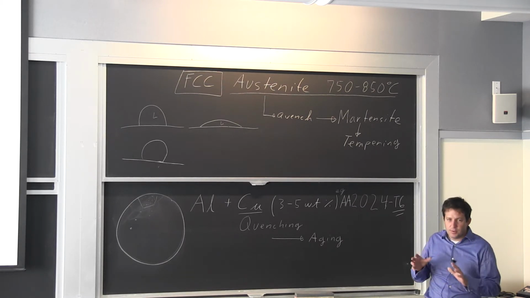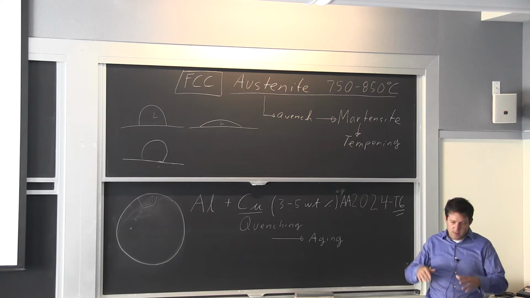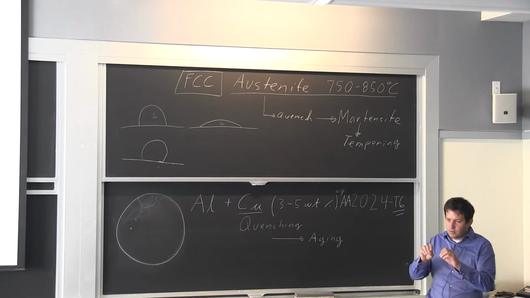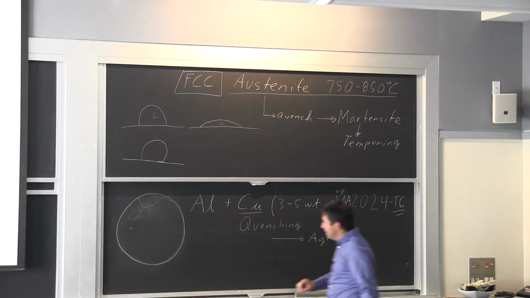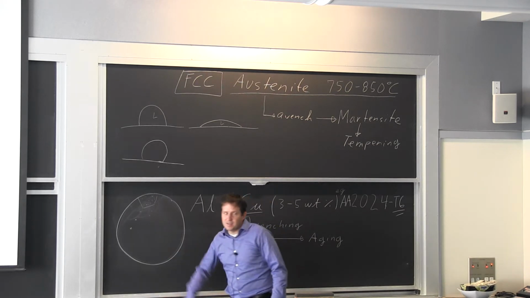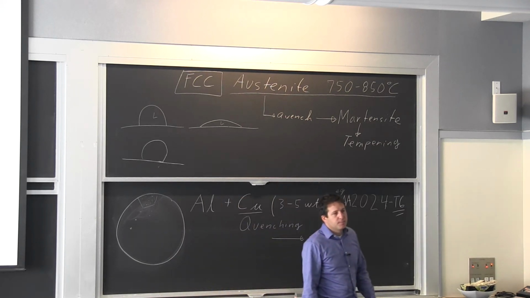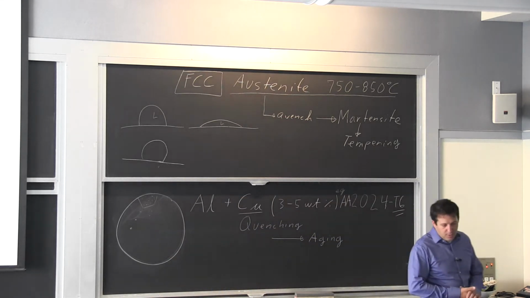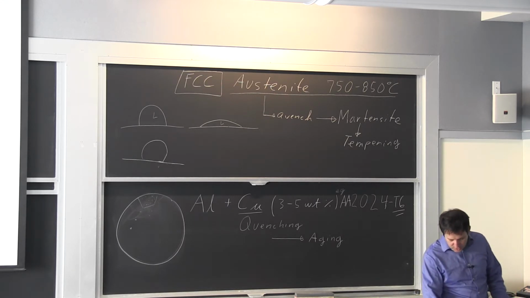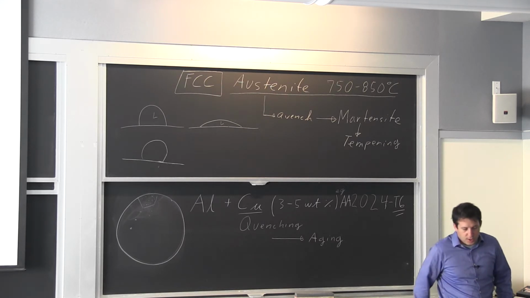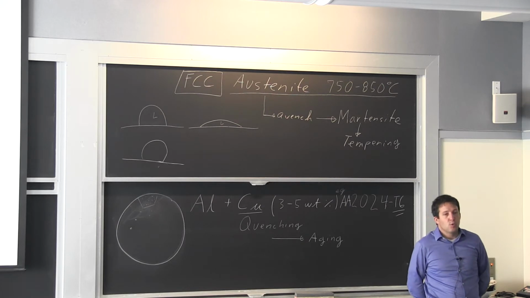You refuse to have all these big phases. And then after a while, you heat it up and get the exact size of precipitates you want. So there's a relationship between the temperature you go to and the time you should wait to get your strength.